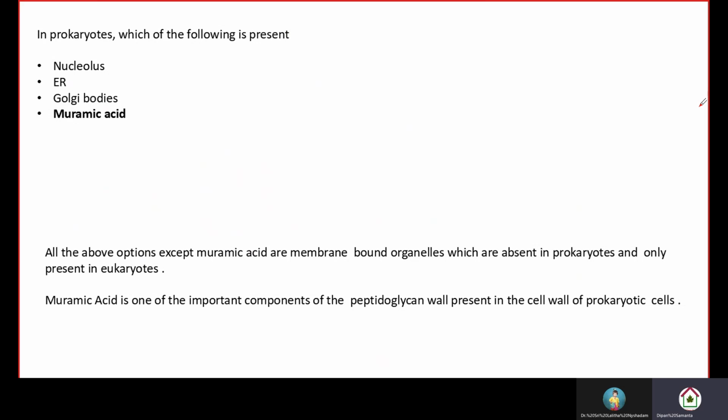So all of the above options except muramic acid are membrane bound organelles. Obviously, these membrane bound organelles will be absent in prokaryotes and only present in eukaryotes.